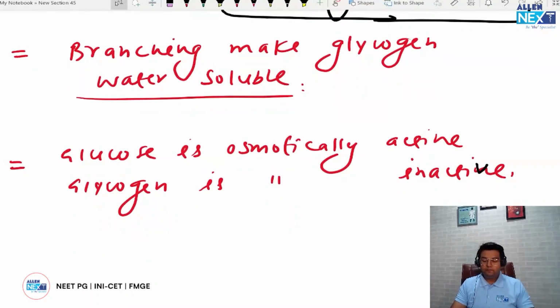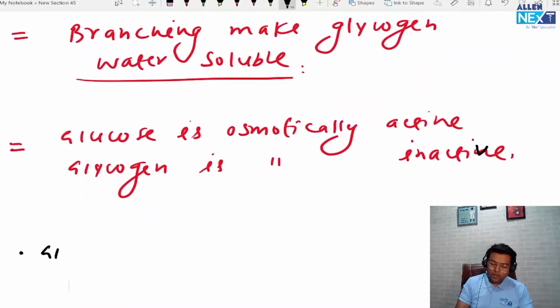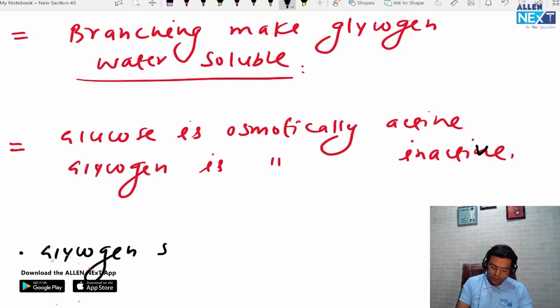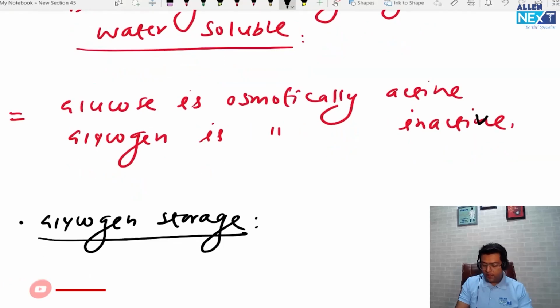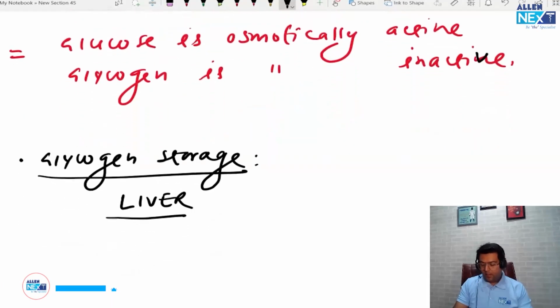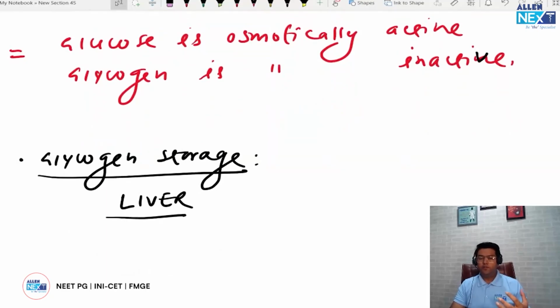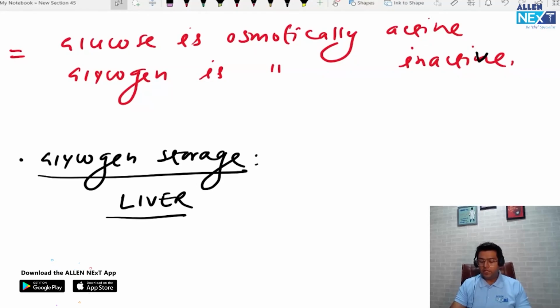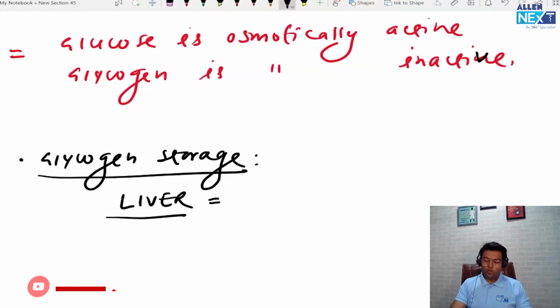So what is the site of glycogen storage? If we talk about glycogen storage, the two major sites are, number one, liver. Guys, liver is a very small organ of just 1.5 kilograms, right? And in the liver, the glycogen storage is hardly 100 grams.